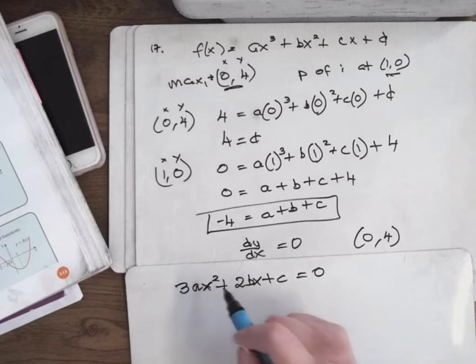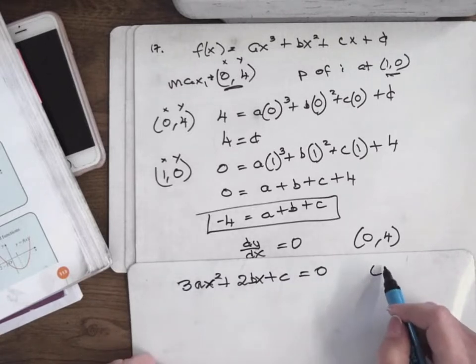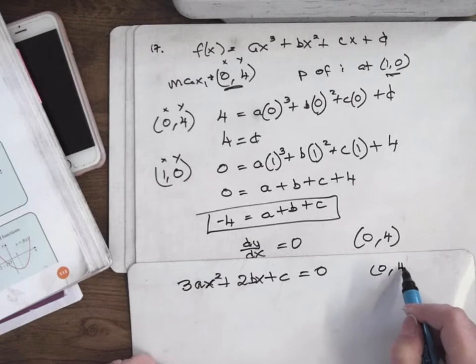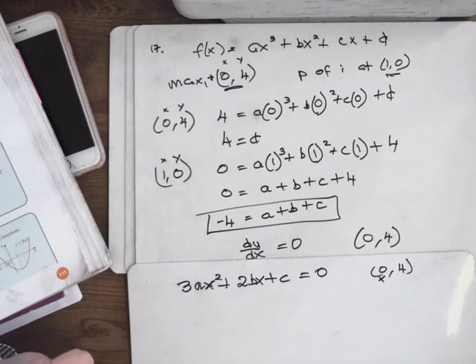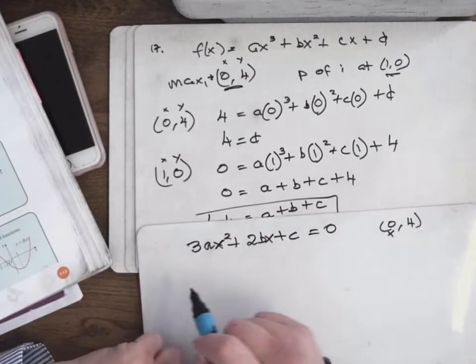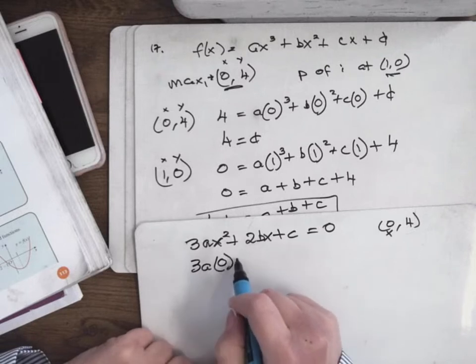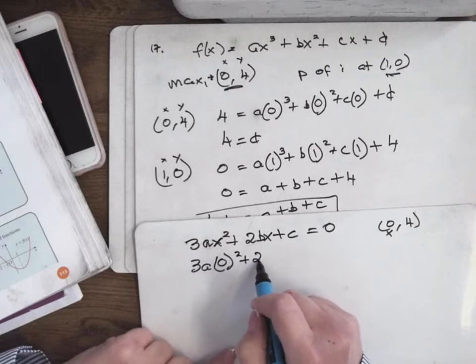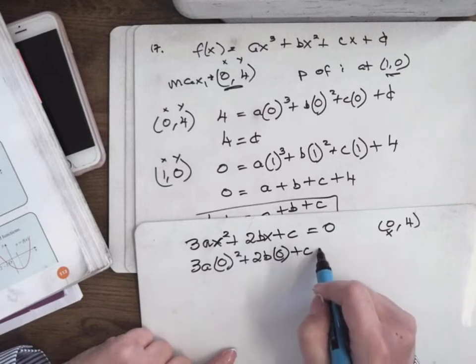Right, okay. So the turning point is at 0, 4. So that means x is 0. Would you agree? Doesn't matter about the 4. x is 0. So everywhere I see an x, I'm putting in a 0. So 3a times 0 squared plus 2b times 0 plus c equals 0.